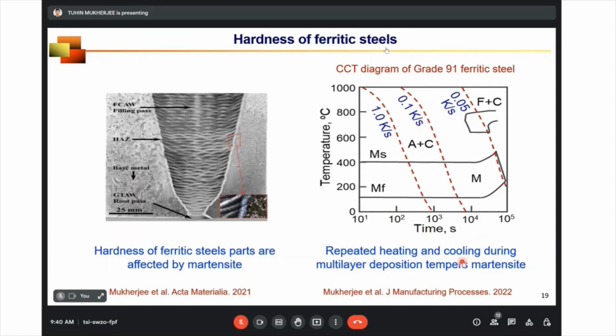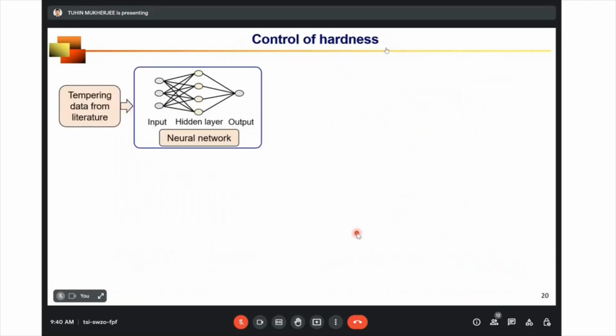This repeated heating and cooling tempers the martensite and forms tempered martensite, which will completely change the final mechanical properties of the part. How can we predict that? We need two things. One is the repeated heating and cooling, which is the variation of temperature with time. We call it thermal cycle. And the other is a very good understanding of the tempering kinetics.